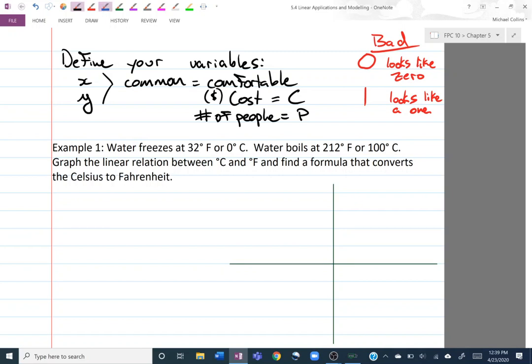Let's go blue, I think. So temperature in Fahrenheit, we're going to call F. Lots of people write a little "let" up top. So let temperature in Fahrenheit equal F, and temperature in Celsius, maybe a little degree symbol there, equal C. So now we have our two variables.